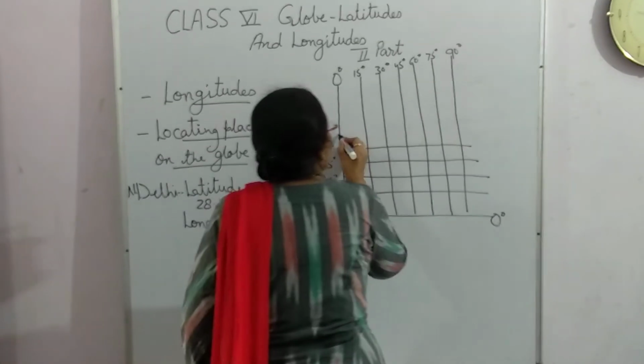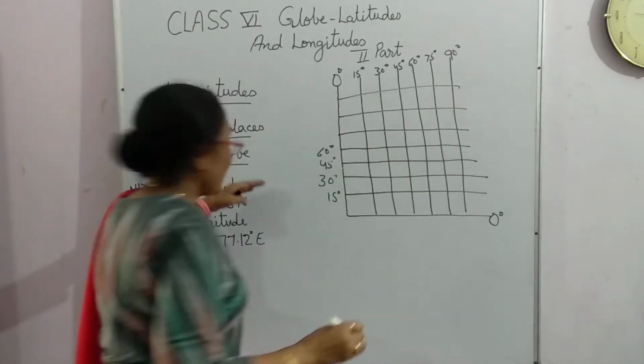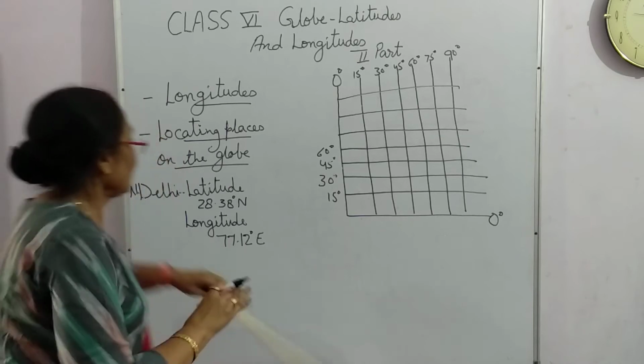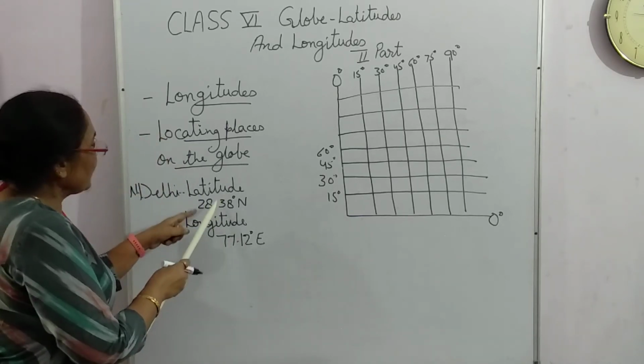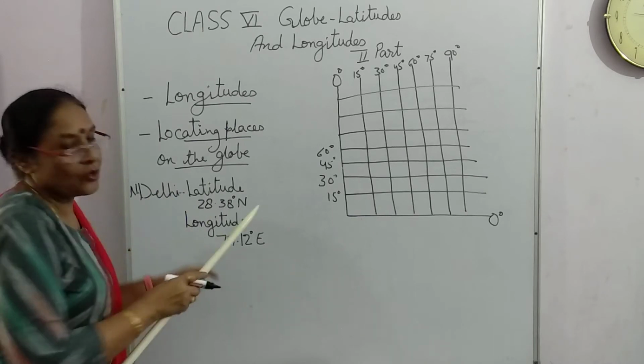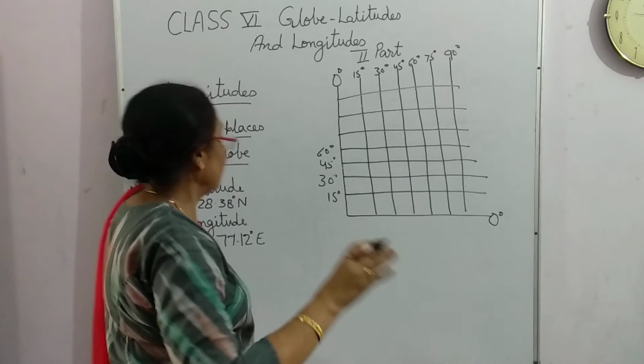So this is the grid system on the globe, of latitude and longitude. According to the given latitude and longitude, we have to locate the place on this globe.